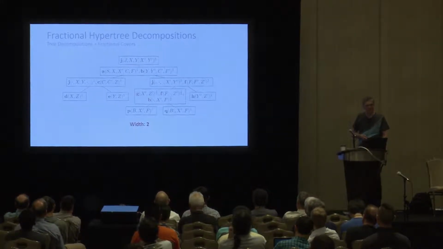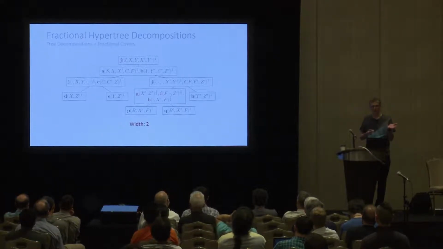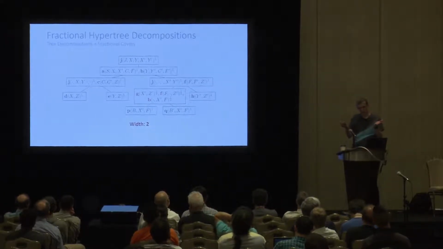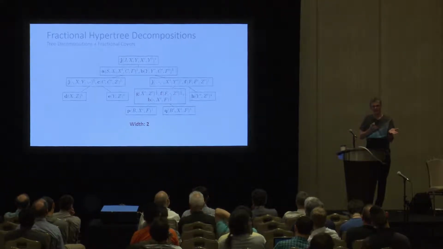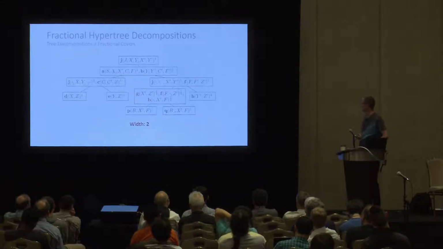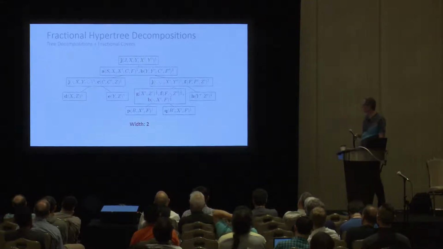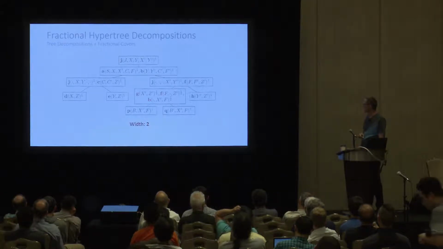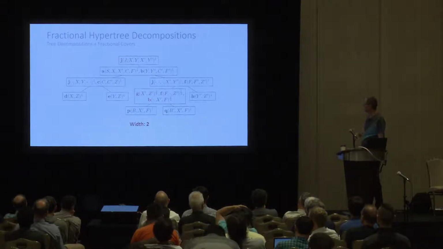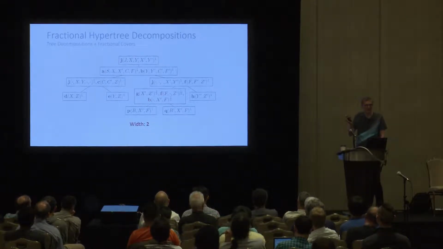And if we extend integral edge covers to fractional edge covers, we get a generalization from generalized hypertree decompositions to fractional hypertree decompositions. In this example, we have denoted the weight on each edge by the superscript. For example, in the root node, the atom gets weight 1. In the node below, the 2 atoms both get weight 1. So far, this is still an integral cover.